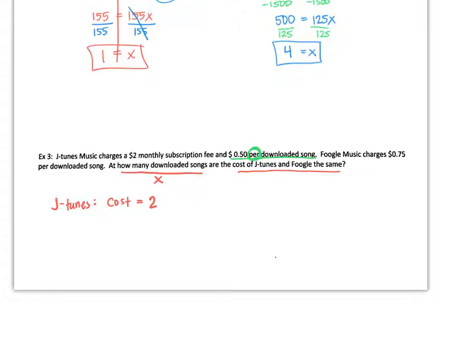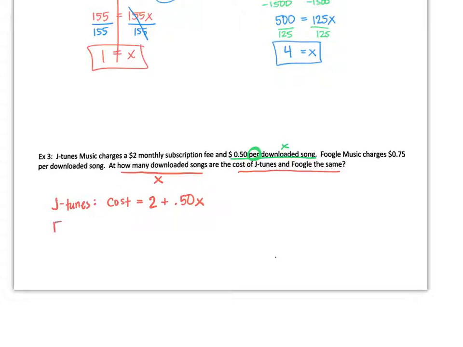Per is our keyword here, and downloaded song is our X. So that means 50 cents times X, because if it's one song, it's 50 cents. 2 songs would be $1. 3 songs is $1.50, and so on. So that's going to tell us that we're going to add 50 cents, that's 0.50, times X. Okay, that's the cost for JTunes.